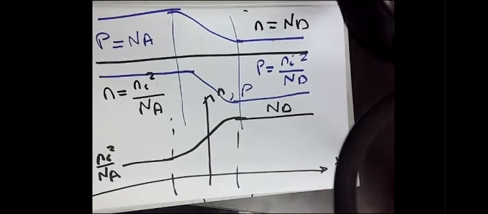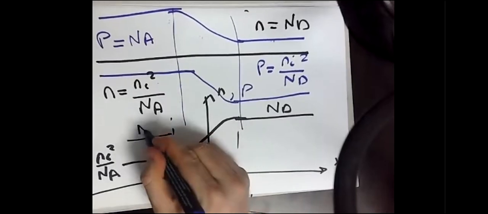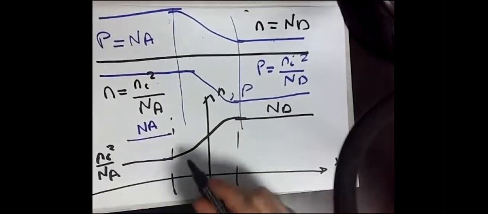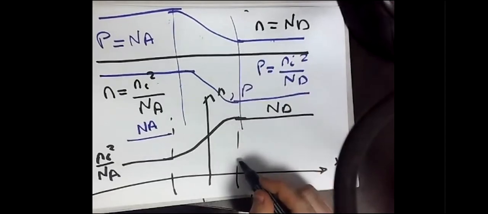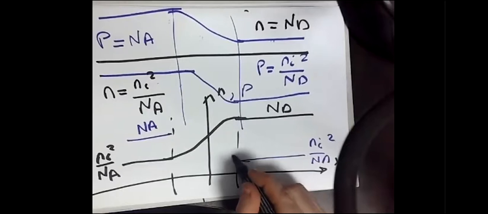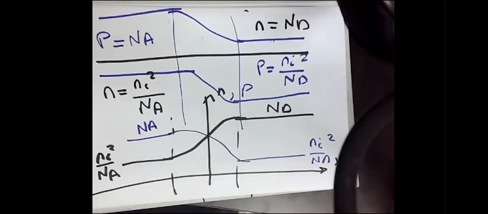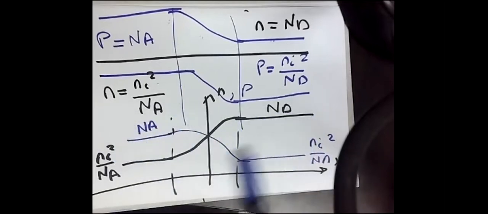On the other hand, you will have a value here called Na, and here a value called Ni squared over Nd, and in between there is a connection like that. So this plot represents the variation of holes and electrons across the device.